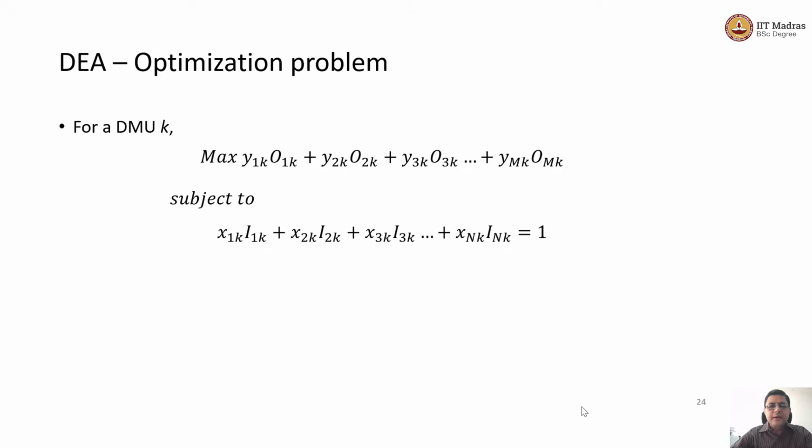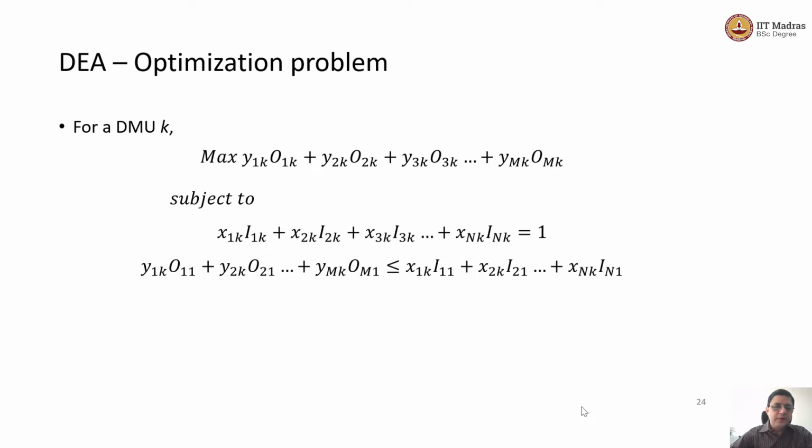And then we rearrange the numerator and denominator such that the resultant constraints are linear functions of the input and output weights. So for the first DMU, O11, O21, O31 will be the output values. However, the weights used will be those of DMU K. The weights will be Y1K, Y2K, Y3K. They will not be Y11, Y21, Y31 and so on. DMU 1 is not using the weights that it has assigned itself.